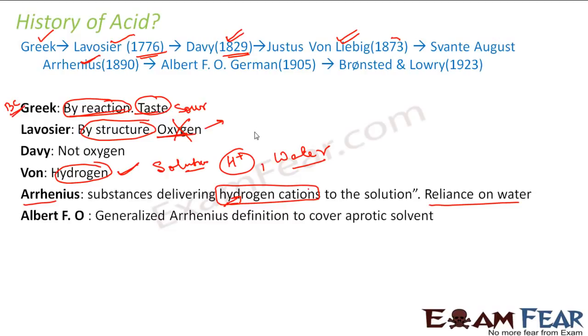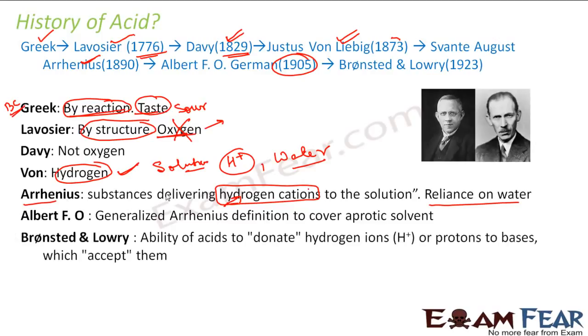But this guy, Albert Ford, 1905, he found that he can still find acid which doesn't have water solution, right? There's no water required. So he generalized this guy's definition. That's all he did. So we can just ignore this part, not a great thing. Then this guy came, Lowry, in 1923.